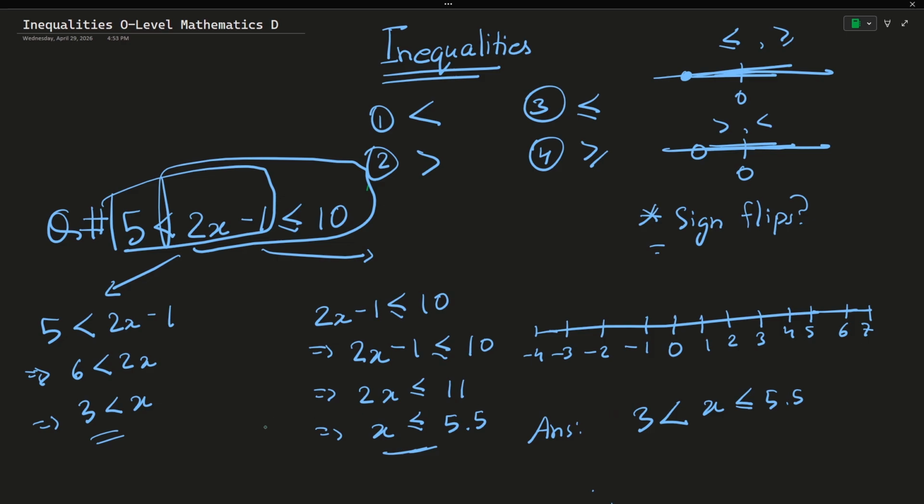Oh, by the way, for drawing it on the number line, I prefer you to follow this expression. We are not drawing these expressions, we are drawing this expression, the final expression that we get after the processing.